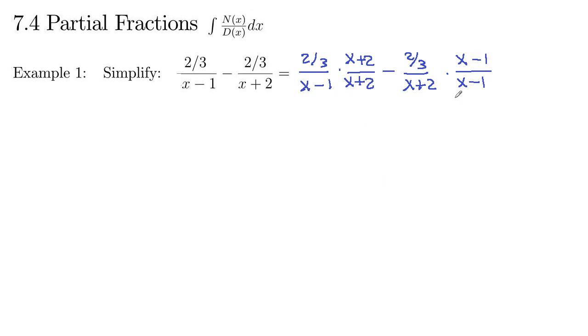And now we've got that LCD in both pieces, so over the LCD of x minus 1 and x plus 2. In our numerator, 2/3 times x plus 2, and then this minus sign and 2/3 times x minus 1.